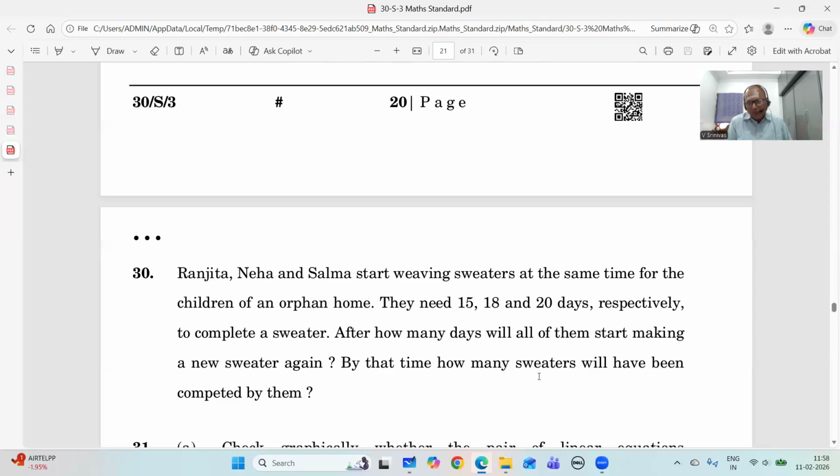Okay, by that time, how many sweaters will have been completed by them? We'll be dividing the LCM by this to get the sweaters Ranjita made, the LCM divided by this gives the sweaters Neha weaved, and the LCM divided by this gives the sweaters Salma has weaved.